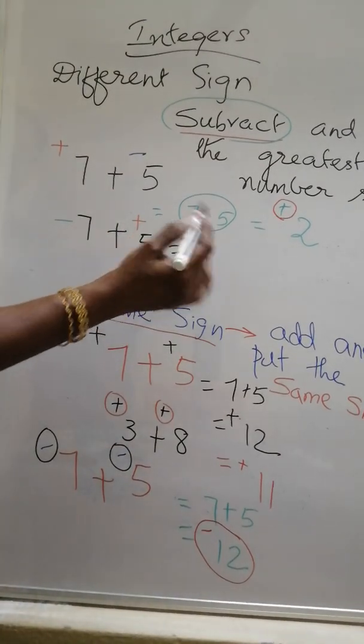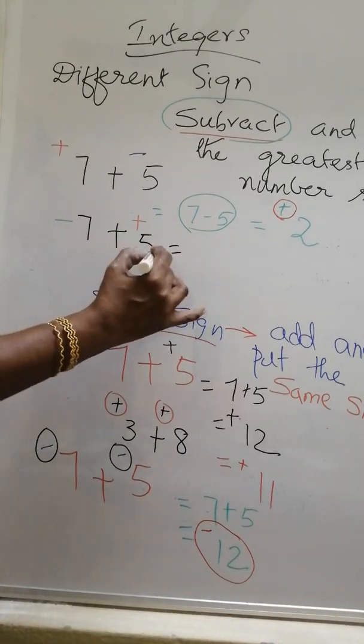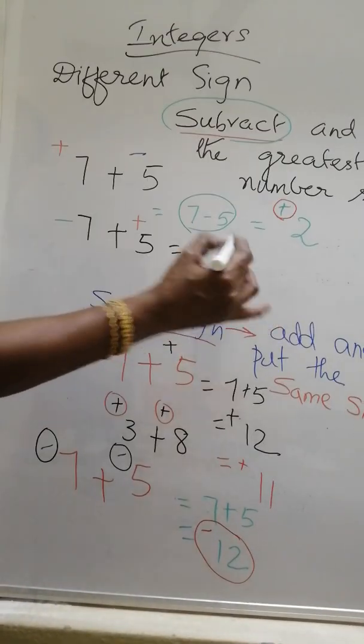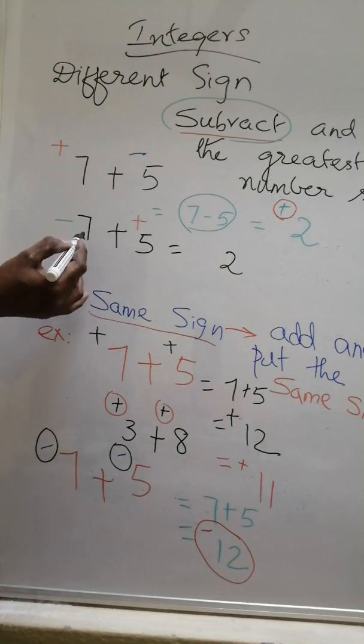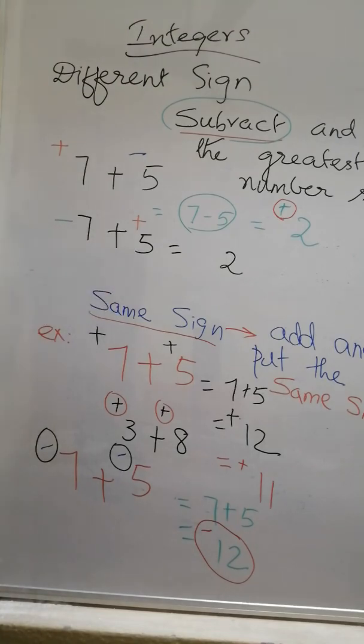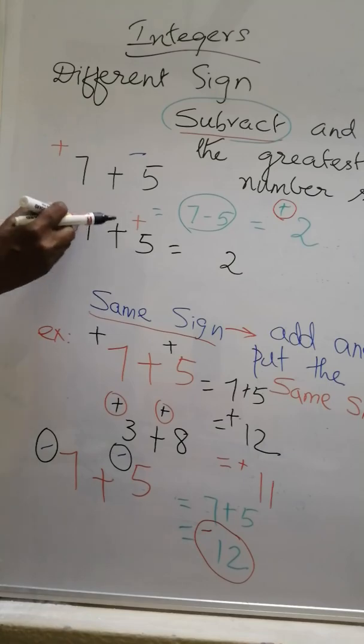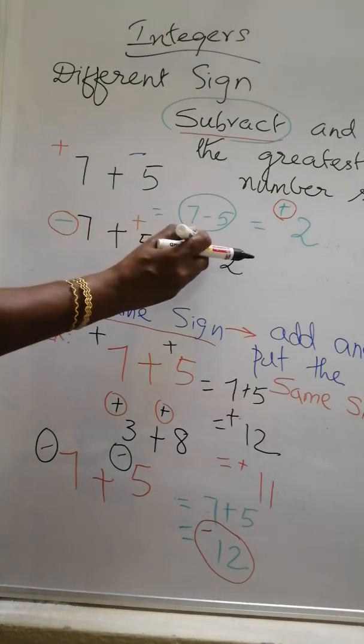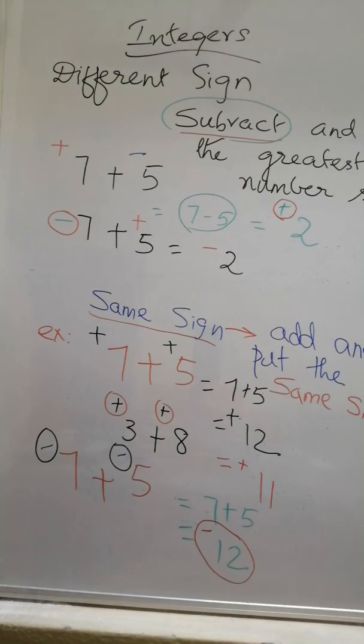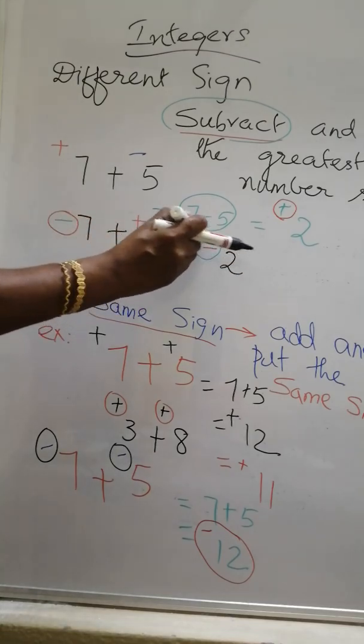In the same way, you subtract 7 minus 5, you will get 2. Which number is greater now? 7 is greater. 7 has sign negative. So the sign is negative. So here the result is negative 2.